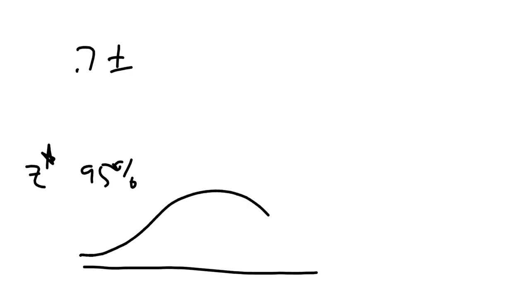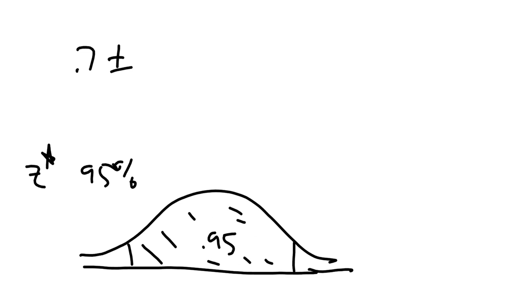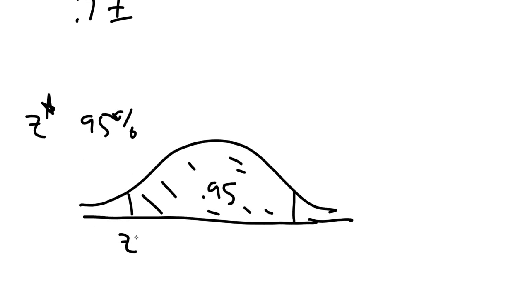We need z star. For z star, for 95%, let's remind ourselves how you do that. You draw a normal distribution. You mark off 0.95 in the middle. You shade in this area, and you ask yourself what z star goes here. A good way to do that on your TI-84 is to go to 2nd VARS.